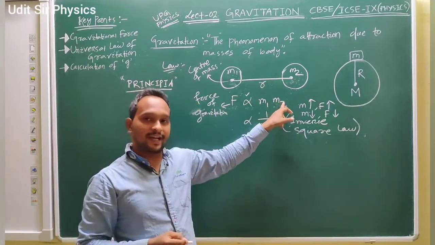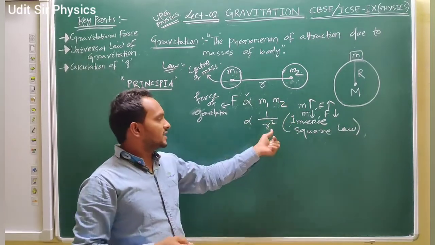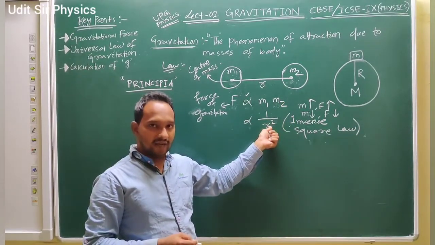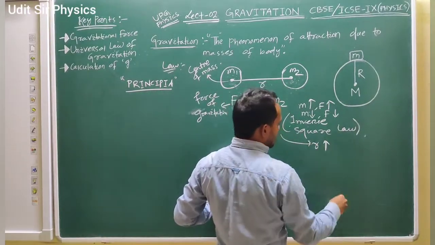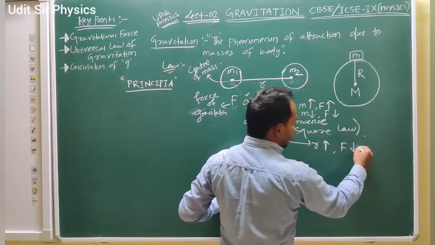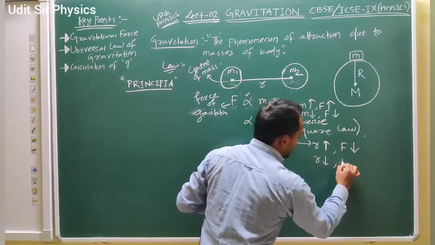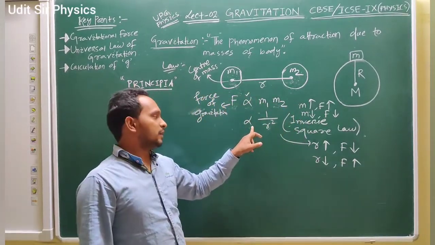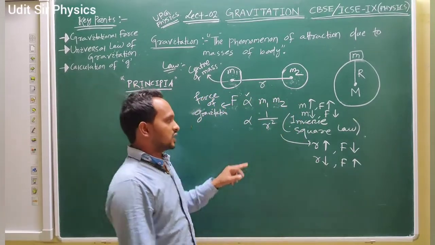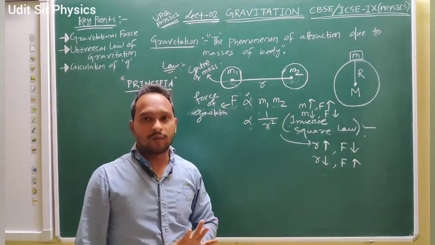That is called directly proportional. Inversely proportional means, suppose the distance between two masses, that is r, increases, then force decreases. And if r decreases, then force increases. That is inversely proportional. That is called the inverse square law.